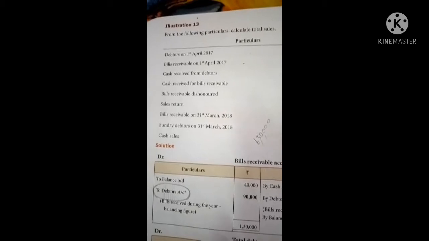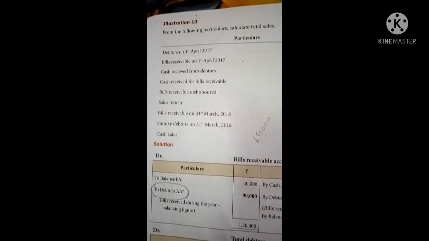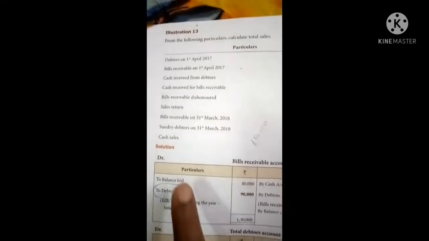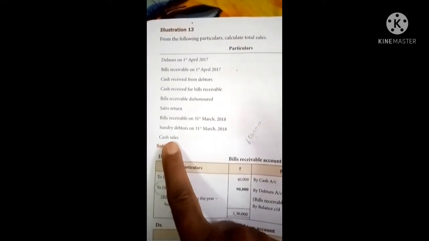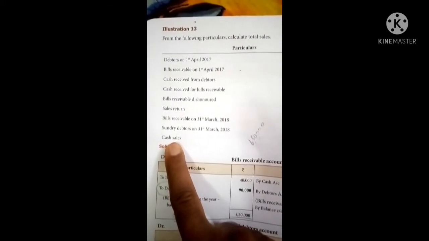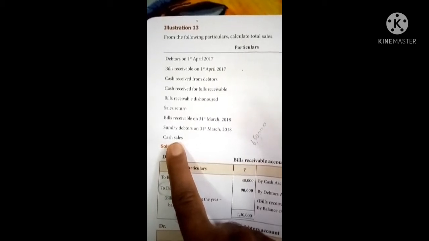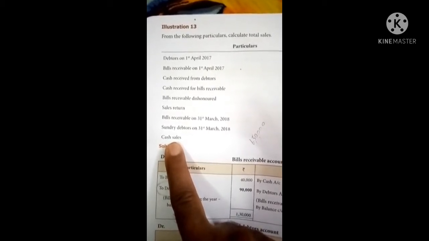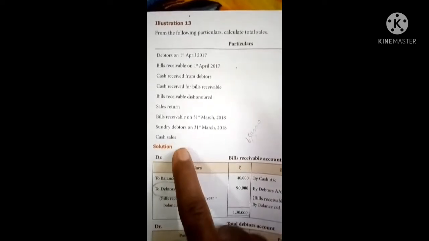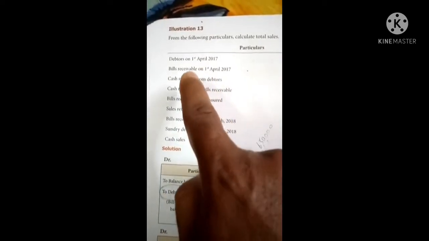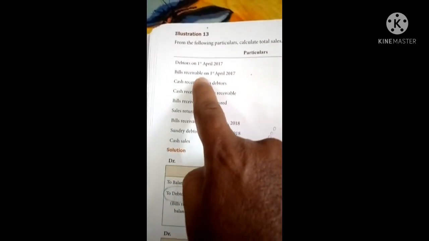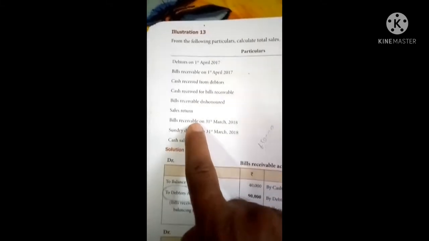The formula for finding out the total sales is cash sales plus credit sales. In this problem cash sales is already given, but there is no credit sales. So in order to find out the credit sales you should prepare the total debtors account. But in this problem bills receivable details are also given: opening bills receivable, closing bills receivable, cash received during the year, and bills receivable dishonor.